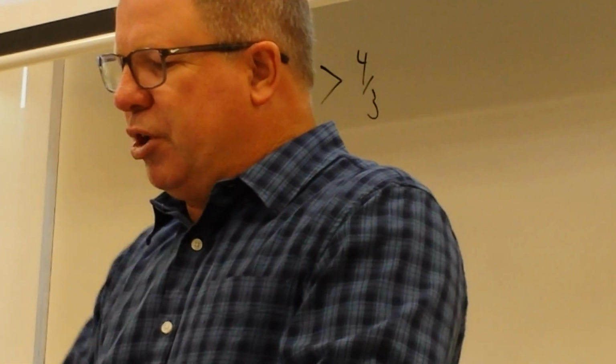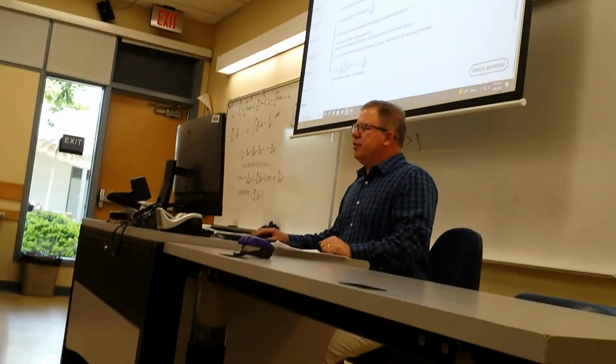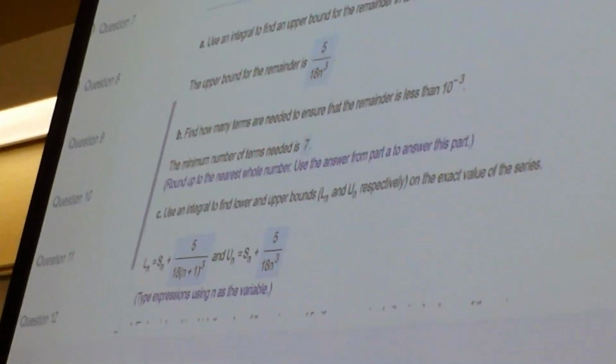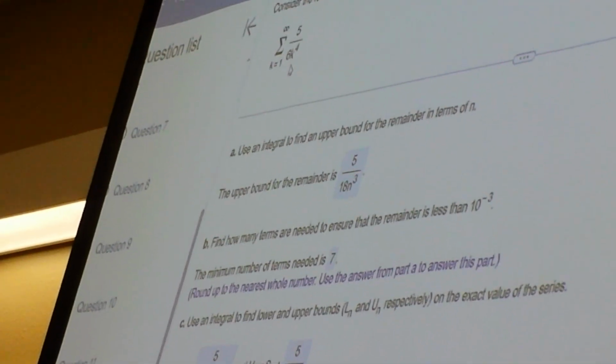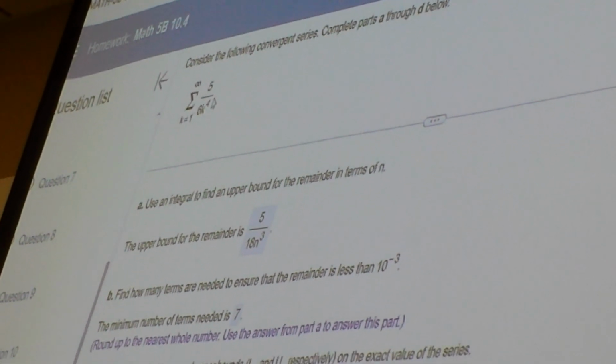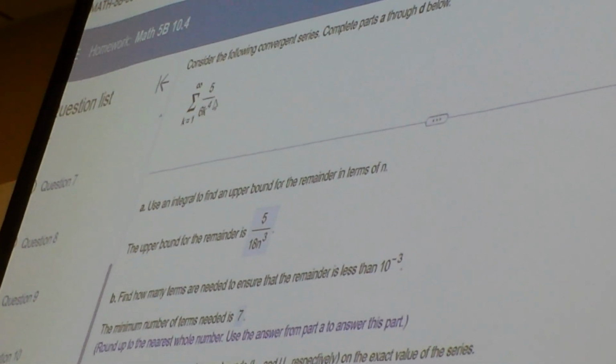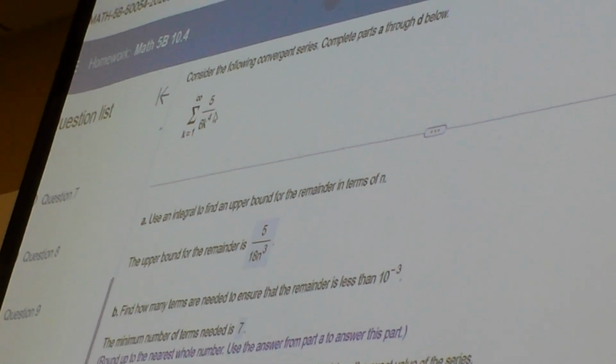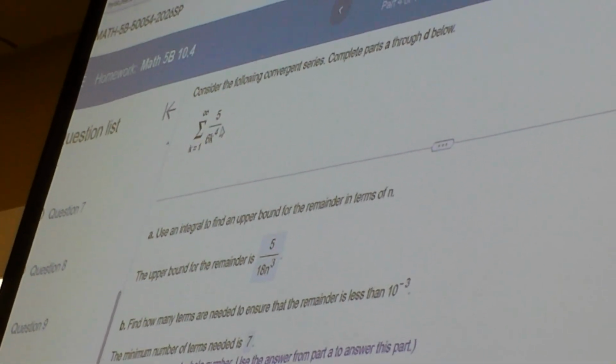Okay, so let's just briefly look at what we did here. Part A, use the integral to find the upper bound, so we find the antiderivative of this from its upper, so we go into infinity. I erased the work, but that was our result. That goes there.